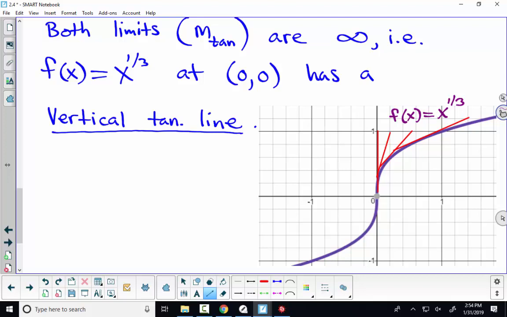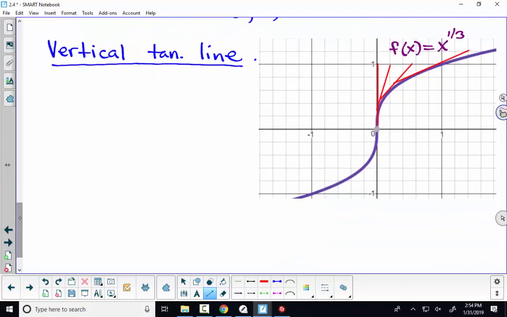You see that? So they're getting more and more vertical. Just imagine like your pencil riding along this slope. As it gets more and more towards the origin, it starts to become vertical, and that's what the work that we've shown tells us. Same thing with the negative direction.